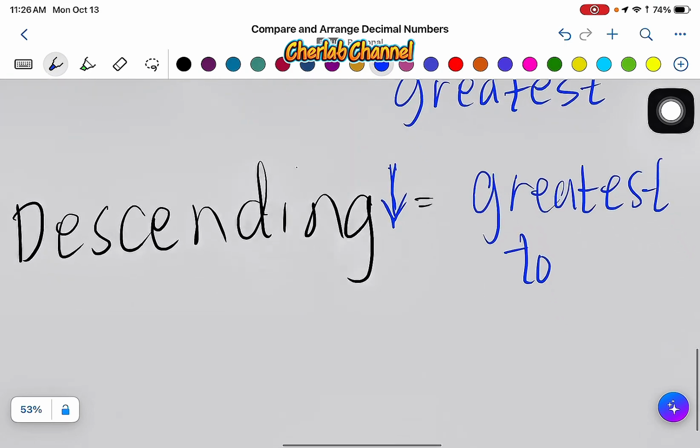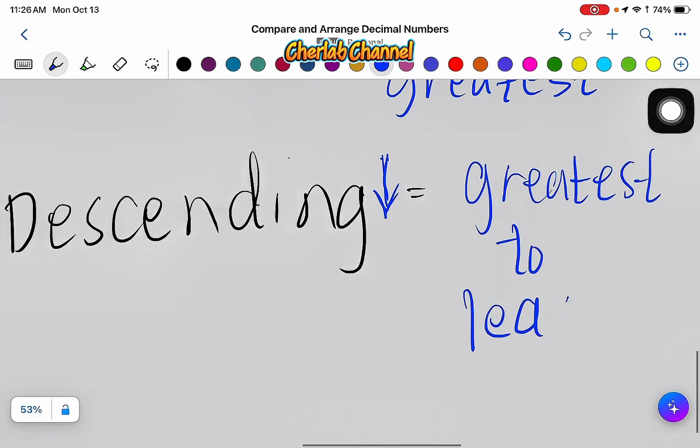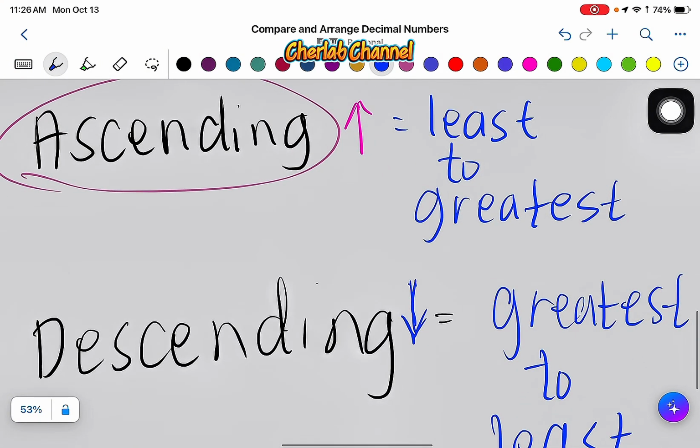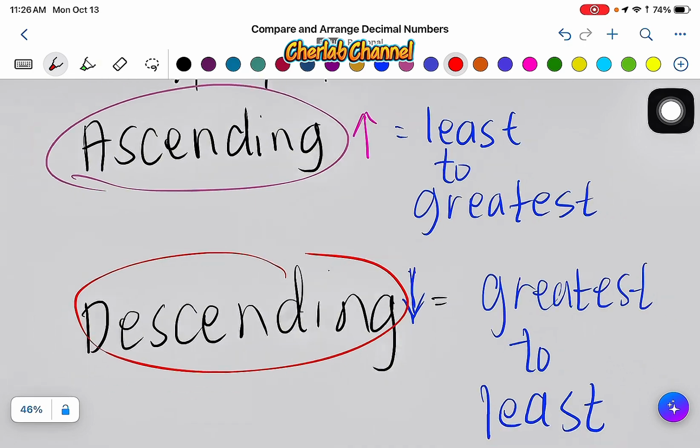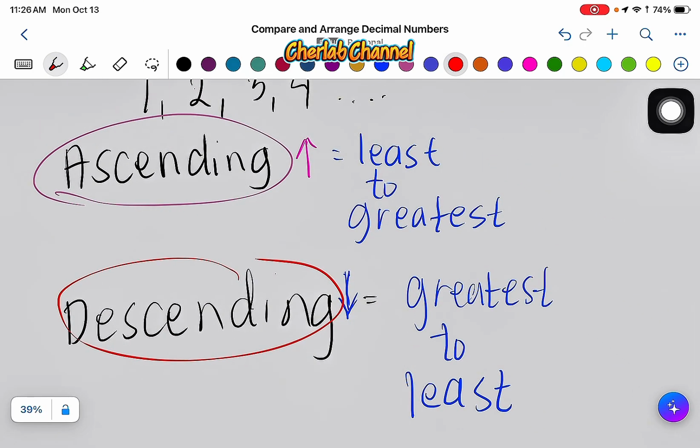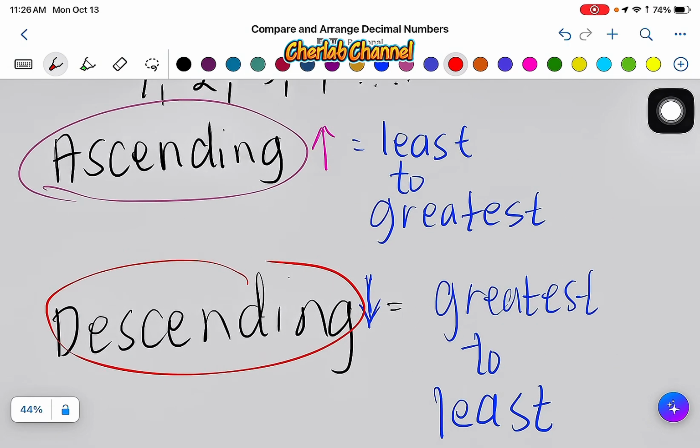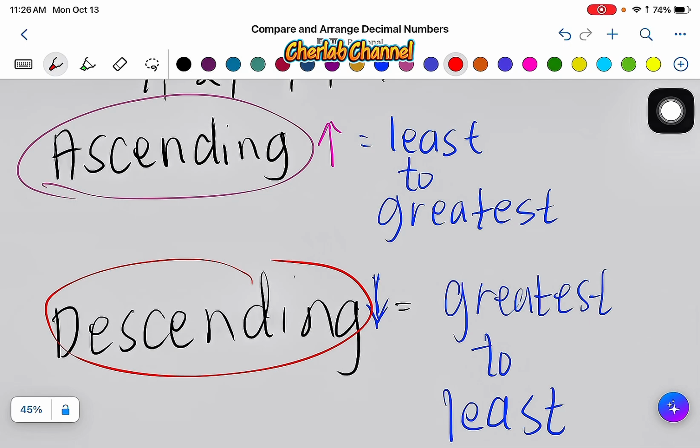Greatest to lowest or least. Okay? That is the two arrangement, descending and ascending. For you to be able to remember this ng mas mabilis, pag sinabing ascend, akyat. The symbol or the arrow na paakyat. Now for D, down, pababa.